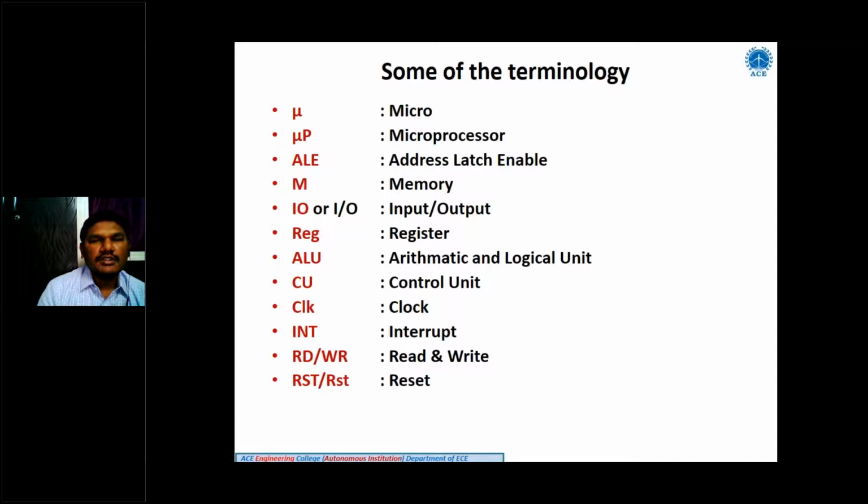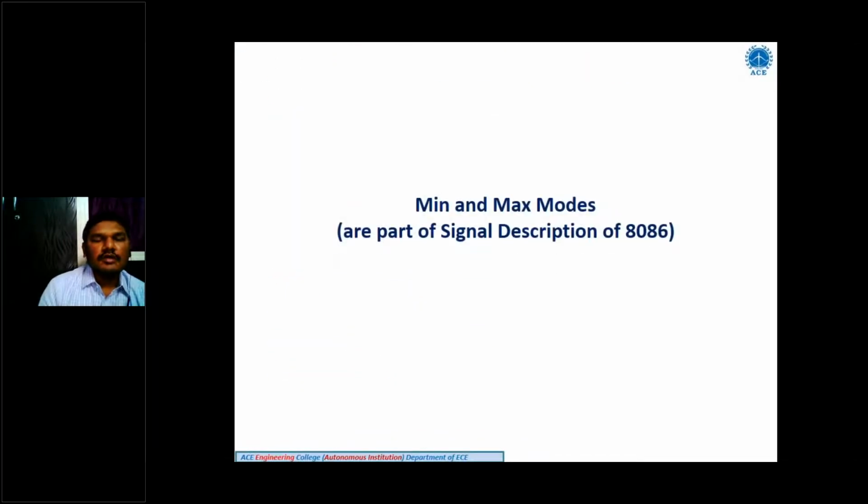These minimum mode and maximum mode of operation are part of the signal description of 8086 only, but from the examination point of view, this is a very important topic. So I have taken minimum mode and maximum mode as one of the very important topics for you.